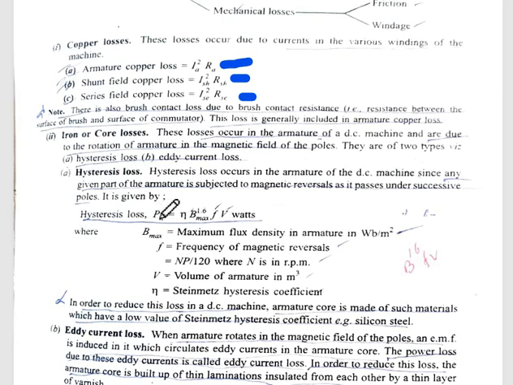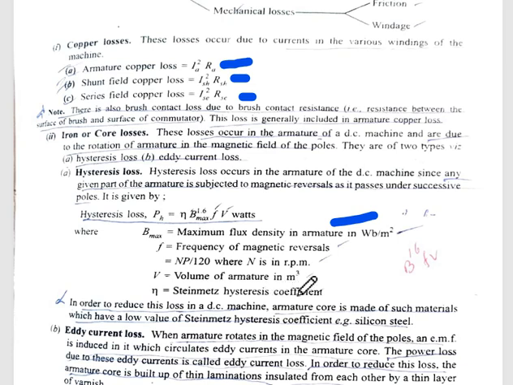Hysteresis loss is given by P_h = η B_max^1.6 f V, where B_max is the maximum flux density in the armature in Weber per meter square, f is the frequency of magnetic reversal given by NP/120, where N is in RPM, and V is the volume of armature in meter cube.